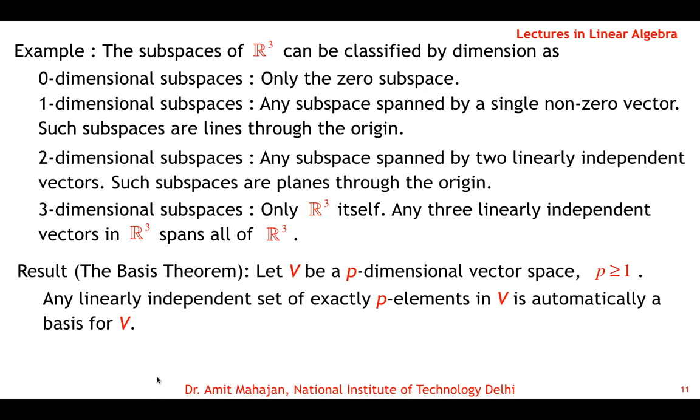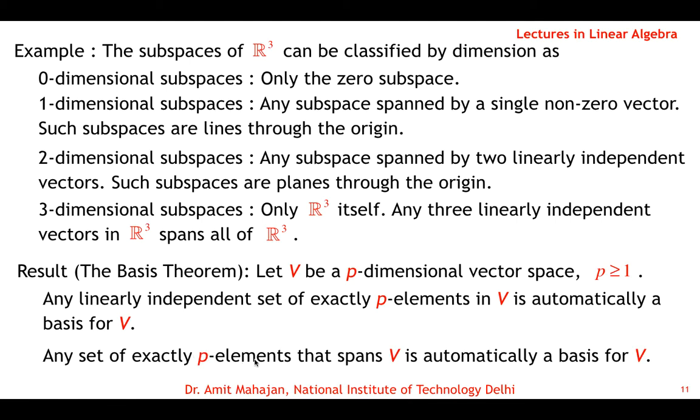Similarly, if you have any set of p elements that spans the space, it is automatically a basis, because if it spans the space, these elements are definitely going to be linearly independent. If they are not linearly independent, they cannot span the whole space. So if you know the dimension, and either linear independence or spanning is proved, then the other is automatically true, and so it automatically becomes the basis.